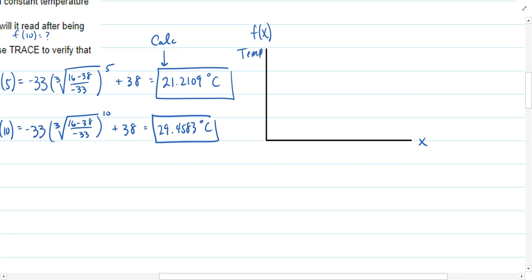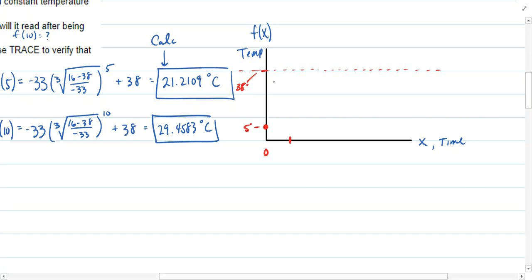So we had temperature in degrees Celsius, and x was time. What we knew was that at time 0, the temperature was 5 degrees. And we also knew that the ambient temperature was 38 degrees, somewhere up here. So as you can imagine, the temperature is going to rise as we approach this leveling off point. So at time 0, we had a temperature of 5. We had an important point here of 38 degrees.